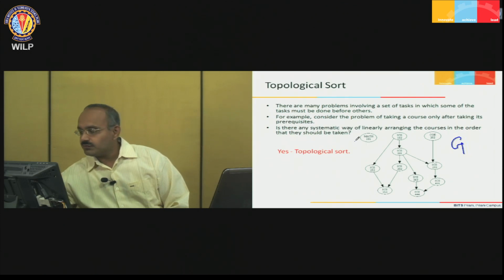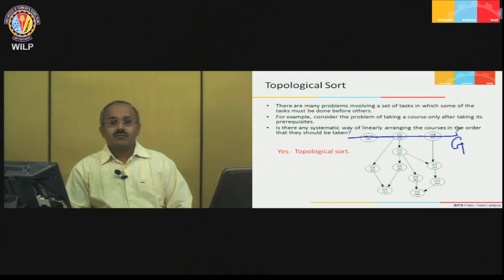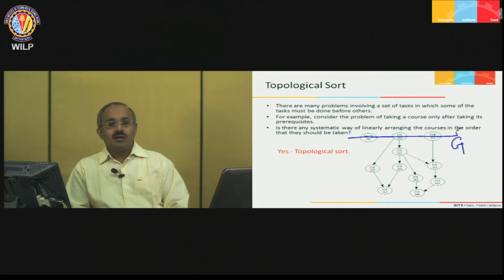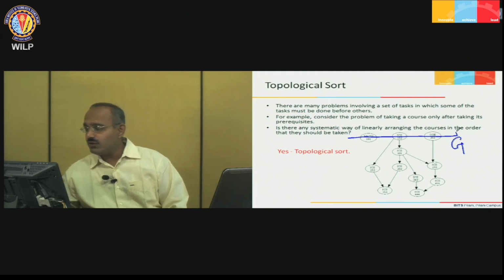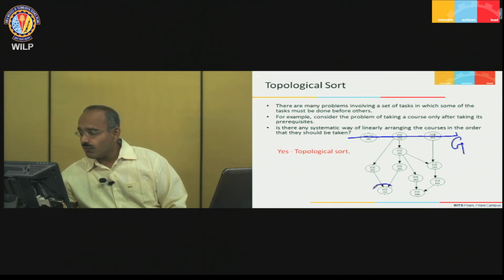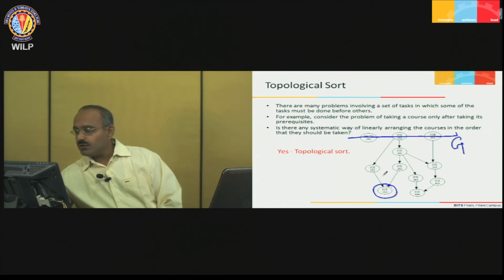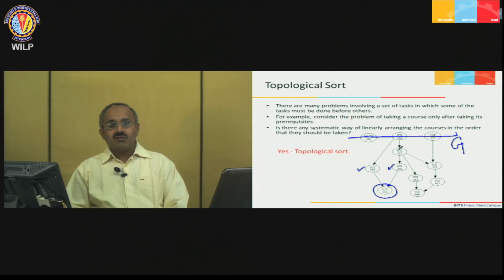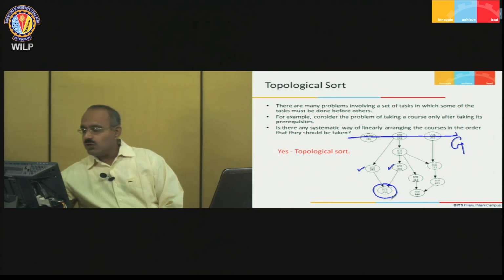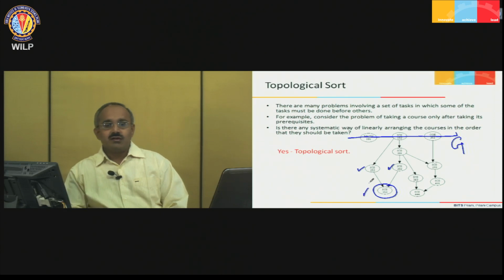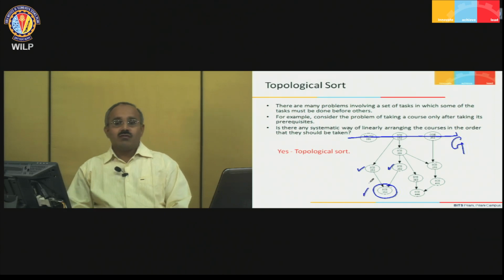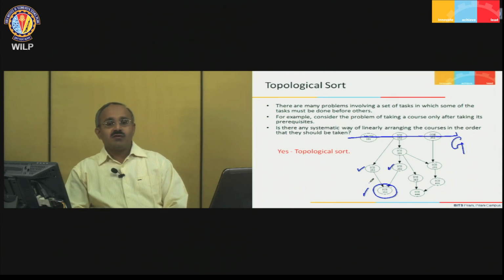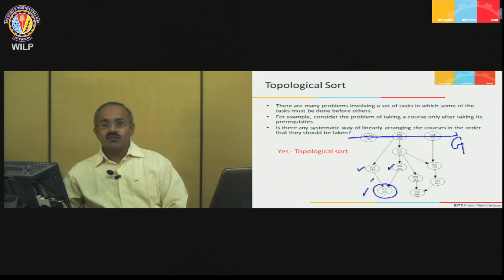The courses which are at this level have no incoming arrows, that means they have no prerequisites, so they can be done independently, whereas a course which is here has two prerequisite courses, and these two courses again have prerequisite courses. So, this course which is at the end of the graph has a lot of prerequisite courses to be done before this course can be taken up.